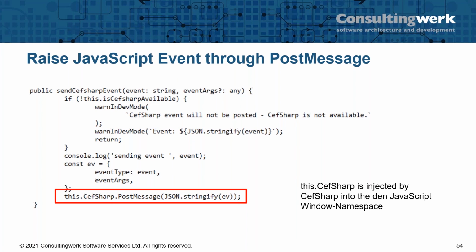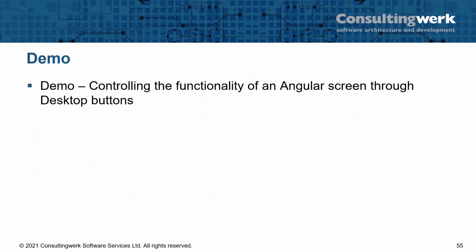So CefSharp has been injected into the namespace of the browser window. And that allows us to send a message. And since JSON is the native data exchange format of JavaScript, it's quite nice to send JavaScript messages that way. And in the ABL, we have with the JSON object model parser, nice handling for JavaScript as well. So we usually exchange data through JSON strings. So let's see what that means.